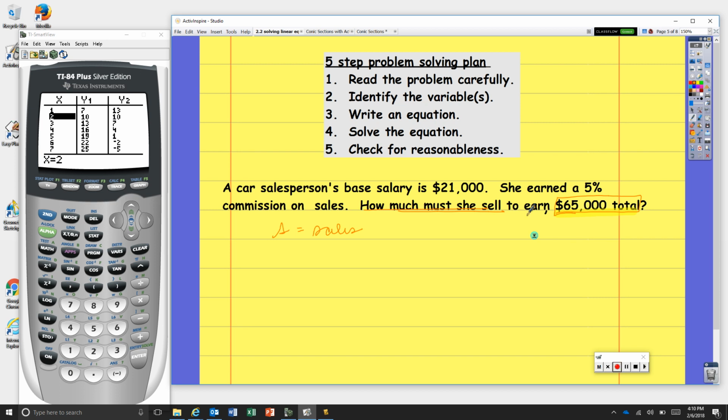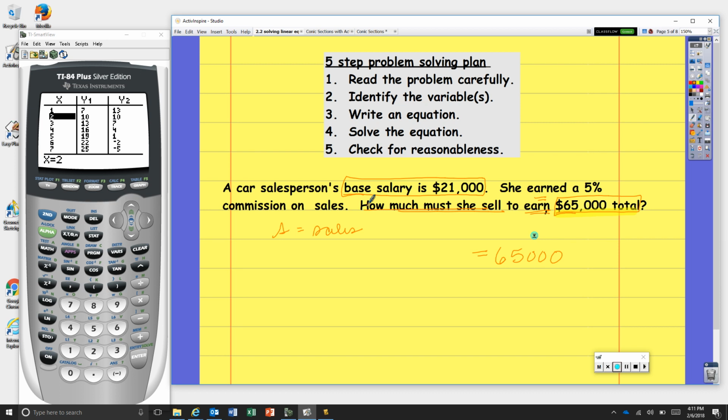If you are earning, that's an equal $65,000 total. So it's going to equal $65,000. Let's reread the first sentence. She has a base salary of $21,000. What does it mean to have a base salary of $21,000?